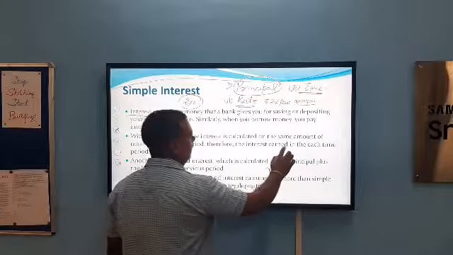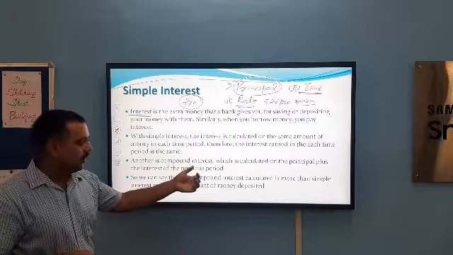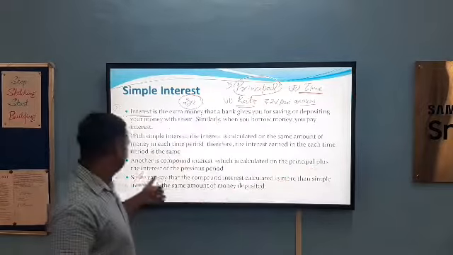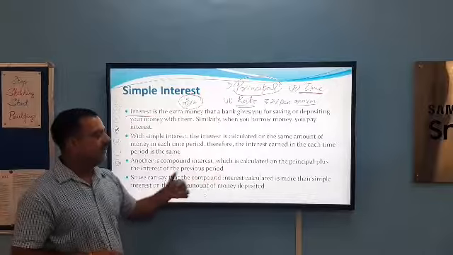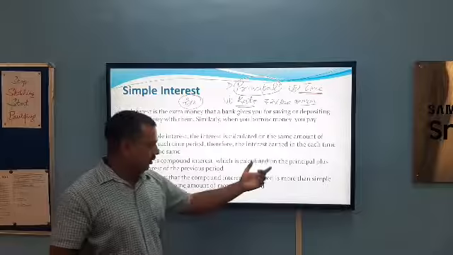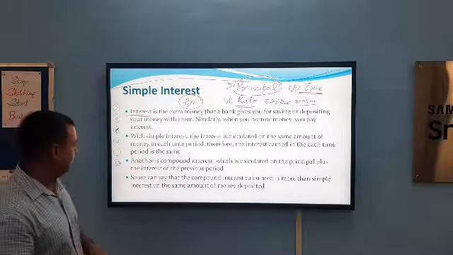Therefore, the interest earned in each time period is the same. Another is compound interest, which is calculated on the principal plus the interest of the previous period.